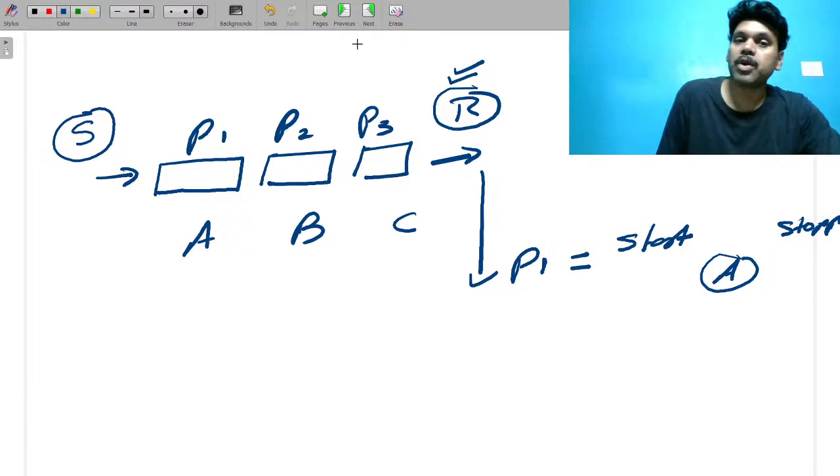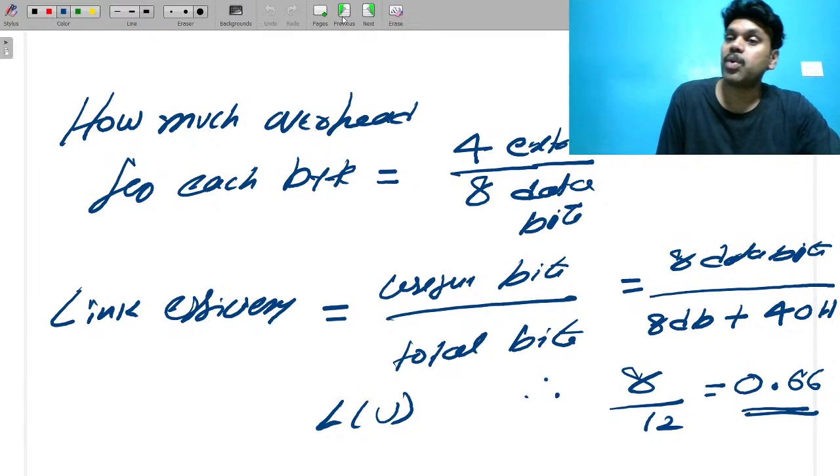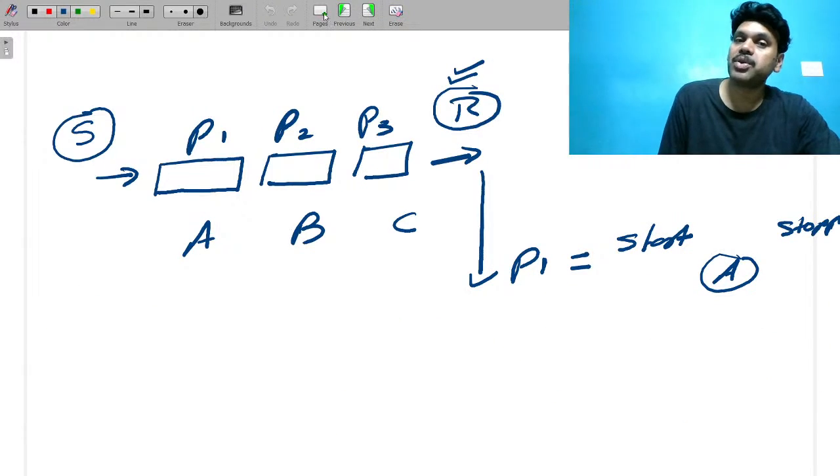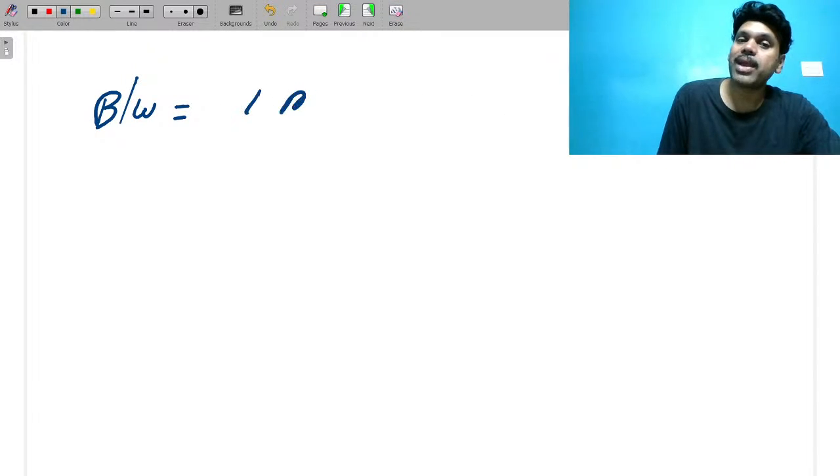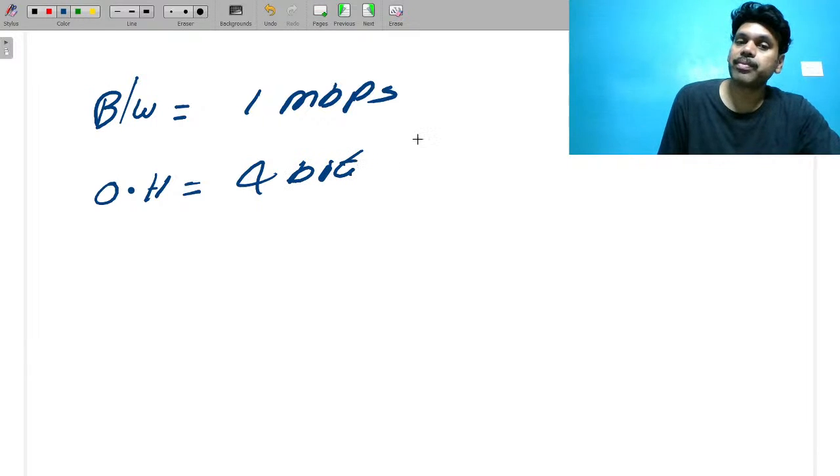But there is only one problem. What is that problem? The overhead is more, as many data characters as you are sending. For example, if my bandwidth is equal to 1 Mbps, and my overhead is equal to 4 bits for every pattern, which is fixed as far as this question is concerned.